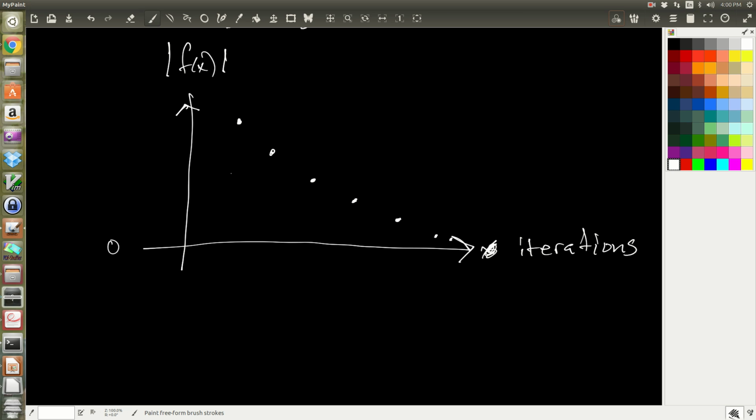However, if instead of going down, it went down a couple times but then started going up, we would say that this is diverging. The absolute value of the function tells us how close the function is to actually being 0, which is what we want. We want to find the x value where f of x is equal to 0.